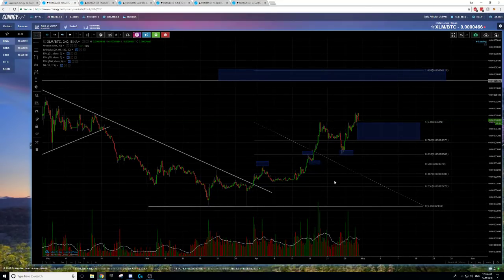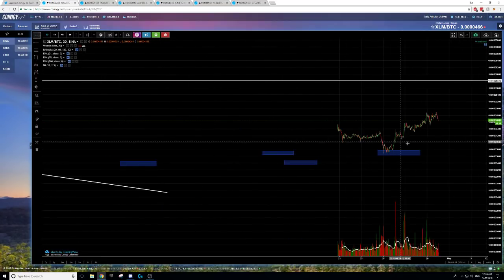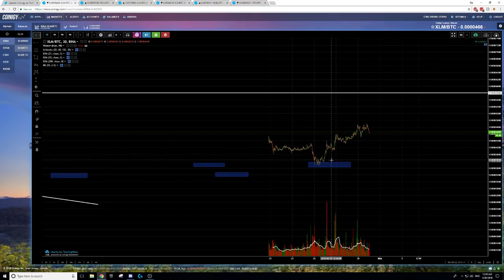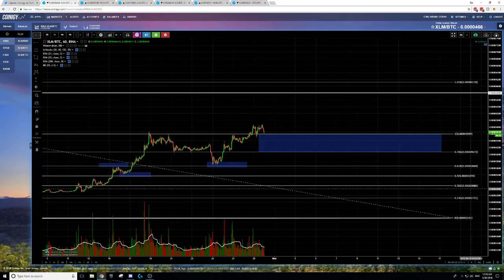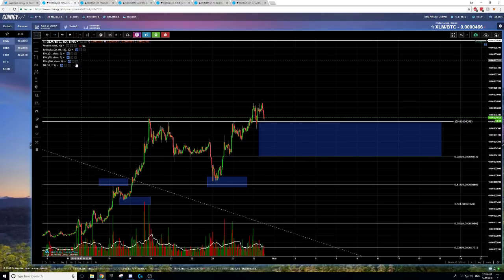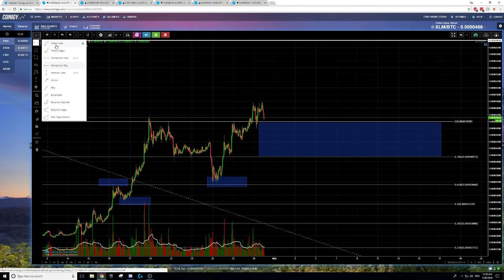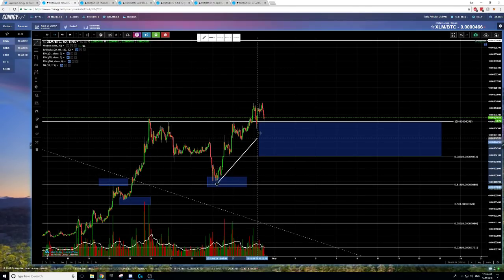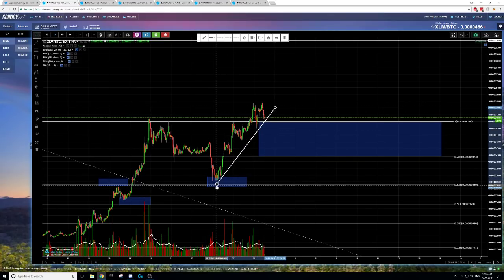If we go and look at a shorter time frame, let's look at the 1 hour. Could draw a trend line. Yeah, something like that, right?